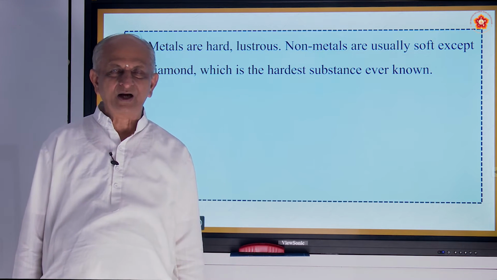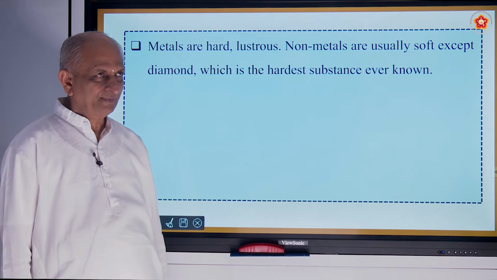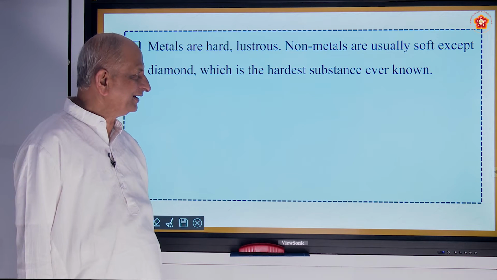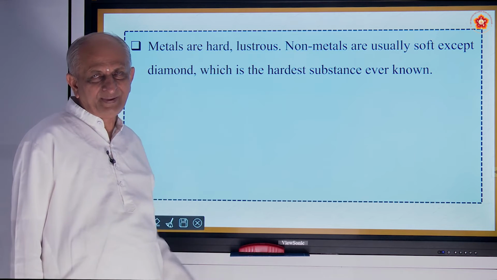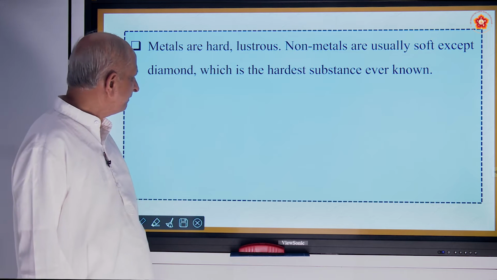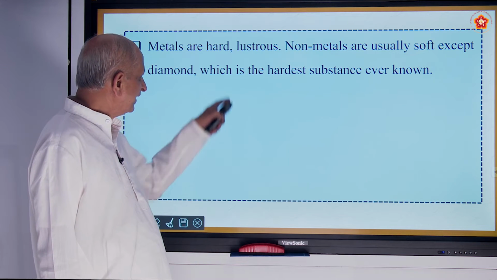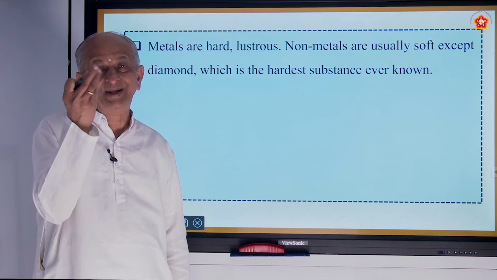Then copper, silver, etc. But mercury is a liquid metal. It is not hard. It flows from place to place. And they are lustrous. Means what? They are shining property.